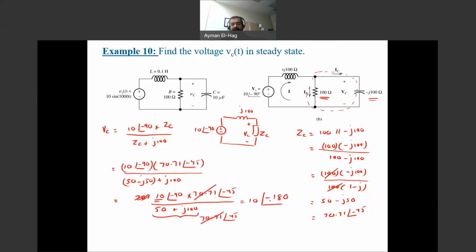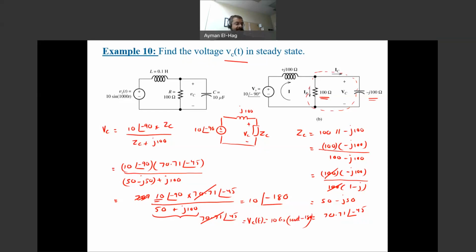So this is your VC, and then we can convert this because remember we want VC of t. So your VC of t will equal 10, the magnitude, cosine of 1000 t minus 180. So this is one way to solve the question.